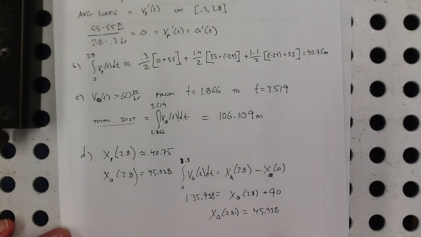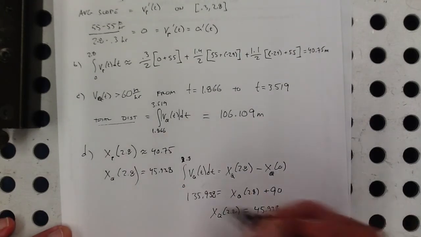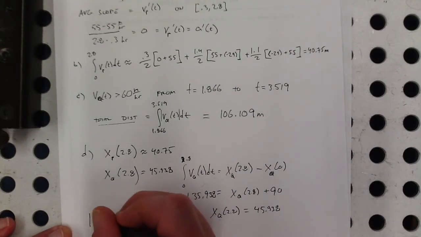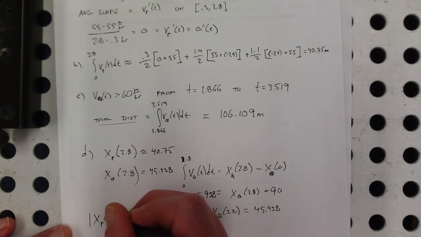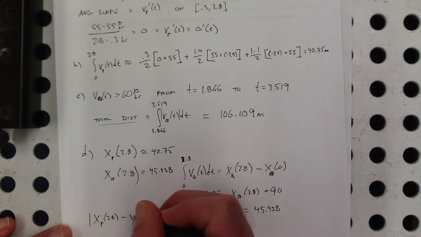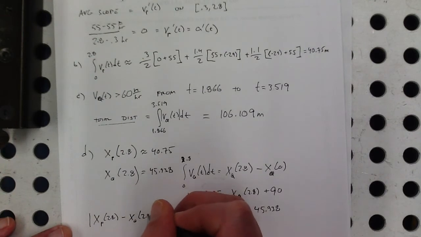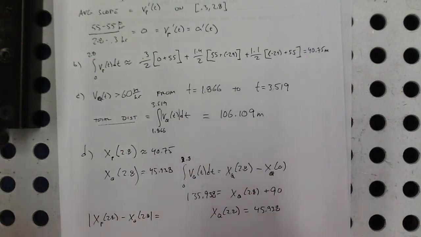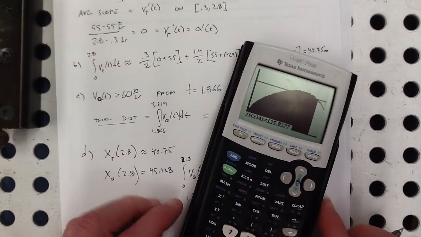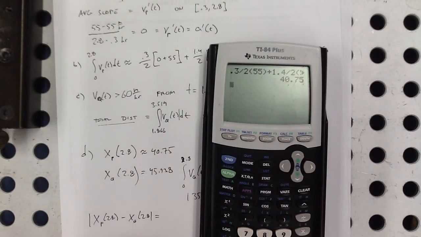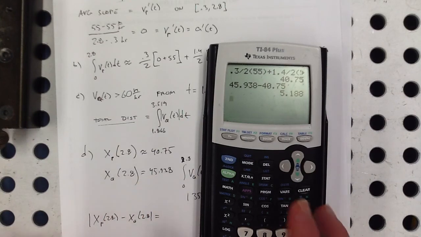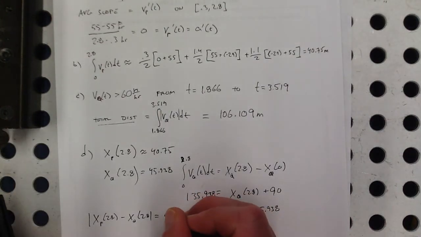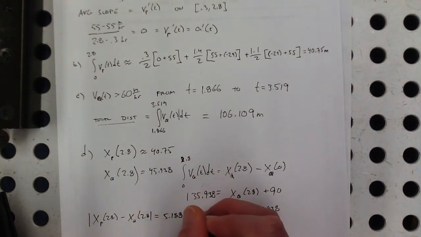So the distance between them, distance is always positive, right? The distance between these two at time 2.8 is the difference between those two numbers. 45.938 minus 40.75 is about 5.188 meters.